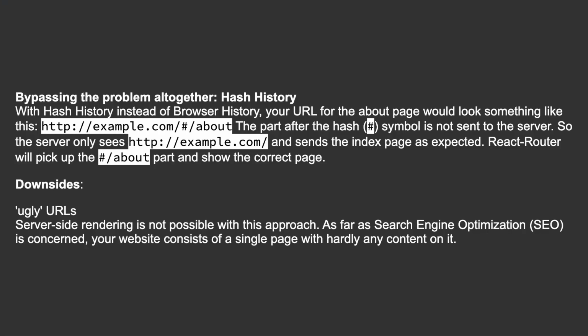React Router will pick up the About part and show the correct page. Downsides. Ugly URL. Server-side rendering is not possible with this approach. As far as search engine optimization, SEO, is concerned, your website consists of a single page with hardly any content on it.